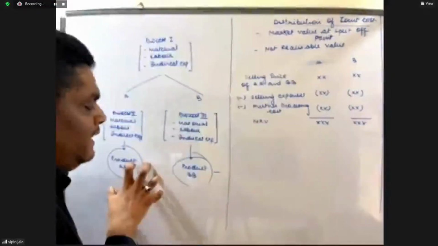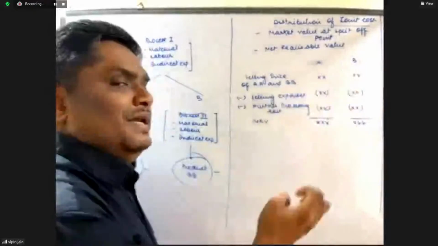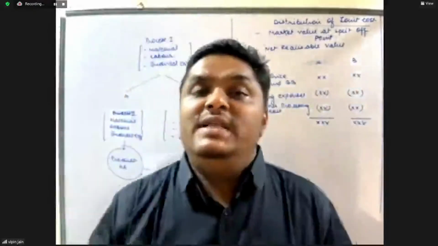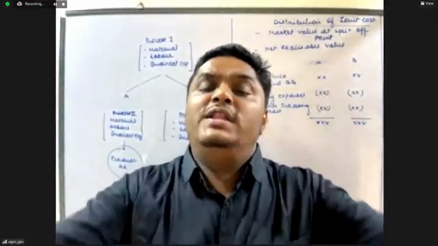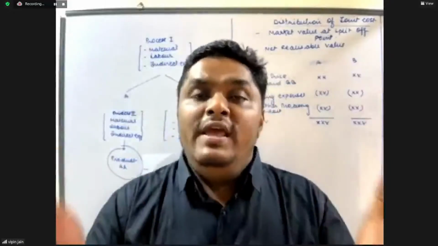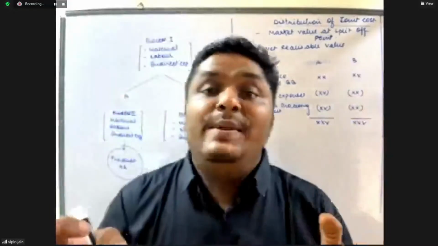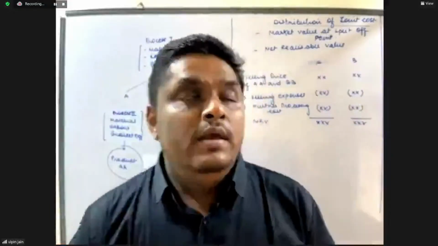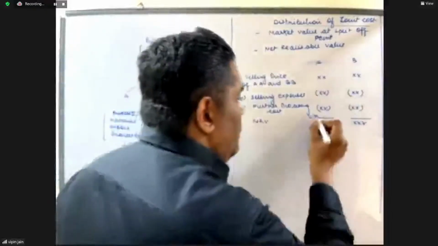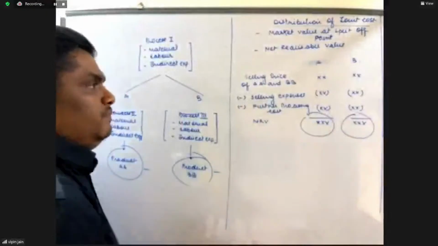That is, how much is realized on selling double A and double B, minus the extra selling expenses that are incurred, minus the further processing cost that is incurred to manufacture double A and double B. If we deduct all these points, then we'll get the net realizable value of product A and B. So the joint cost can be distributed in this ratio.